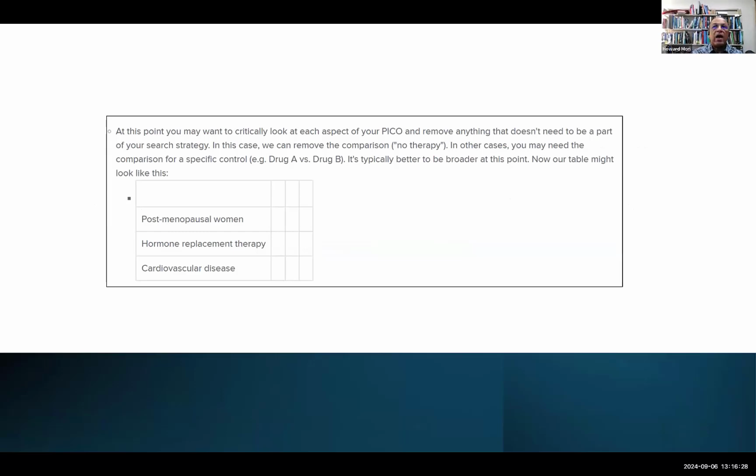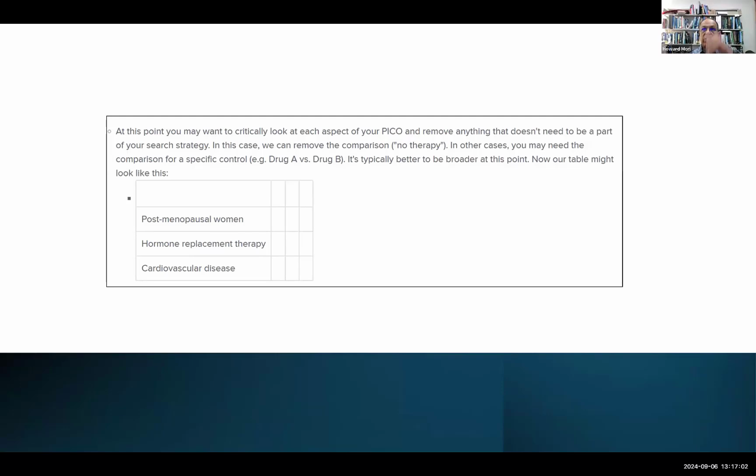After working out the PICO question and identifying who's the patient, what is the topic, or what is the intervention, and so on, they break it down even further to: what is the key topic? You have the user telling you, these are my 3 main keywords, these are the 3 things that I'm looking for in my research study. And then you just put it in a single table, just like this.